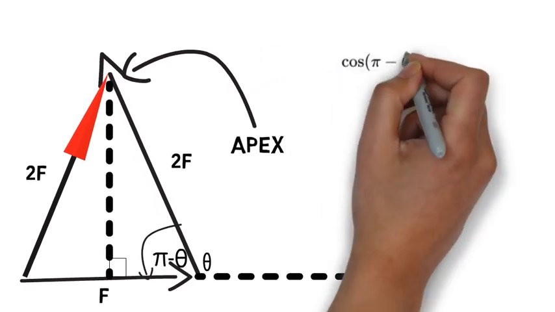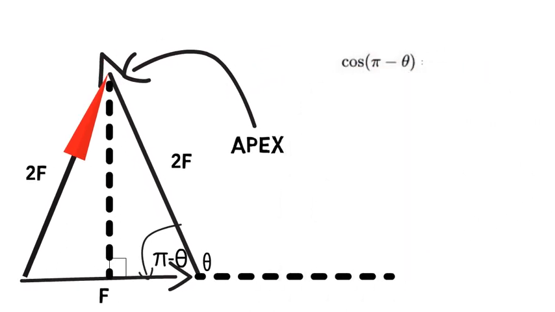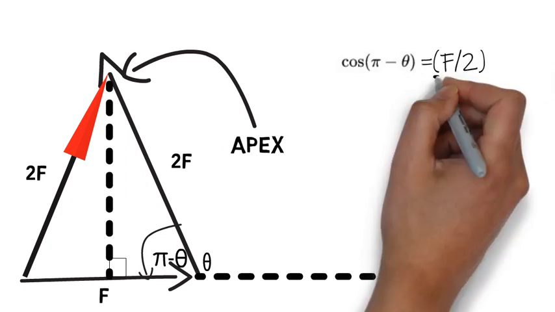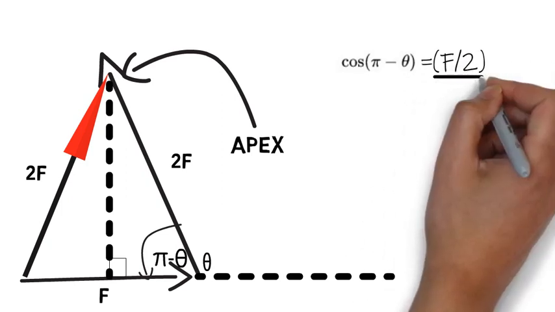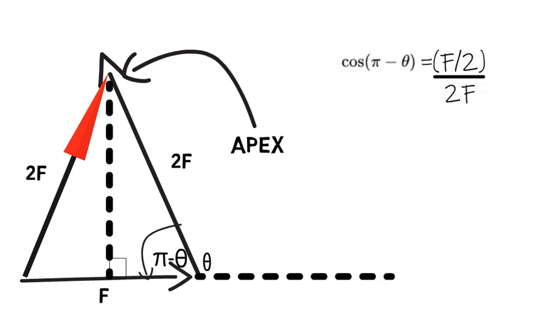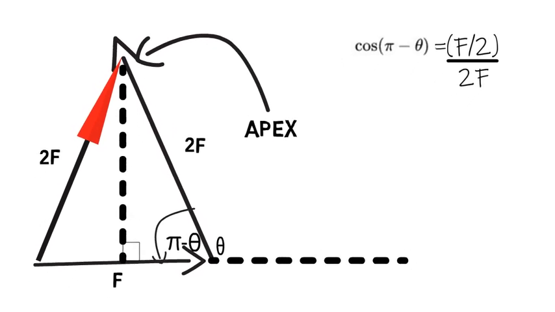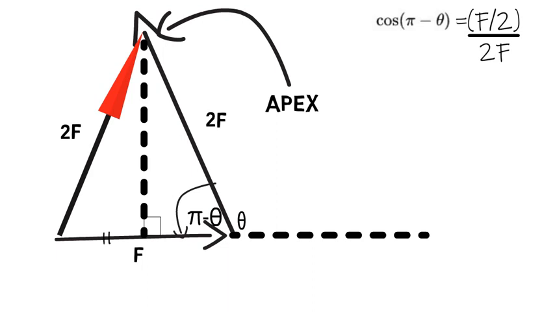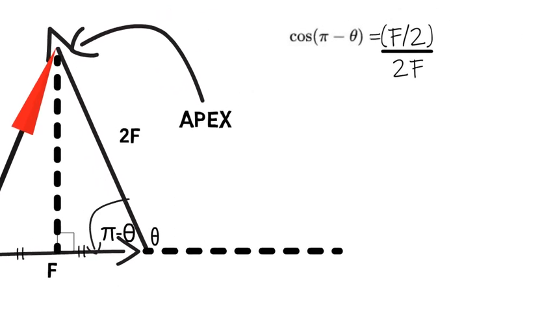If you consider cosine of pi minus theta, that's going to be equal to F divided by 2, divided by 2F. Why do you get F divided by 2? When you drop the perpendicular from the apex, it bisects the base into two equal parts.